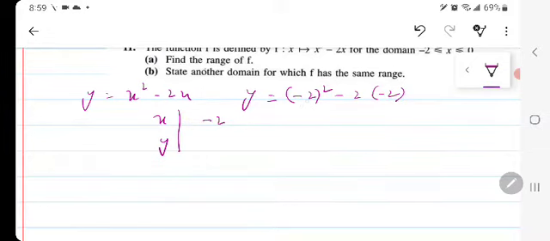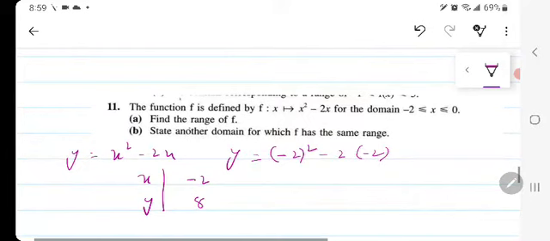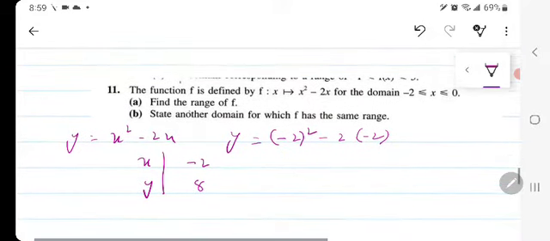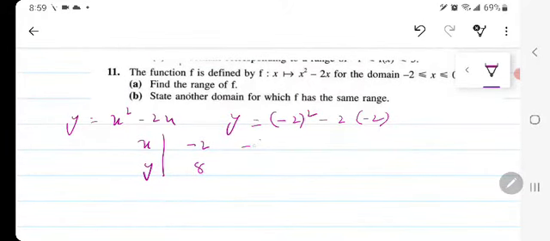So this will be 4 and plus 4. So its value will become 8. After minus 2, if I substitute minus 1, so in place of minus 1, so here 1 and plus 2, it will be 3.